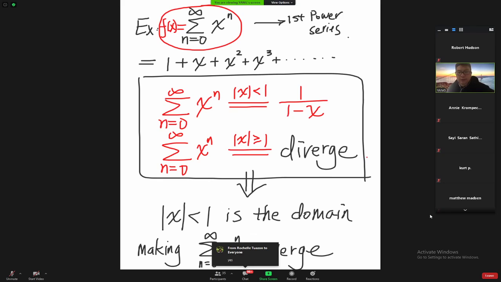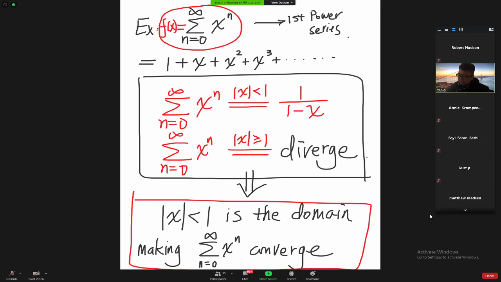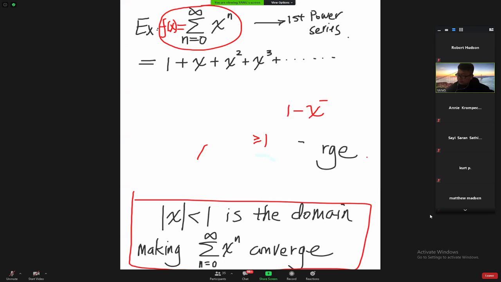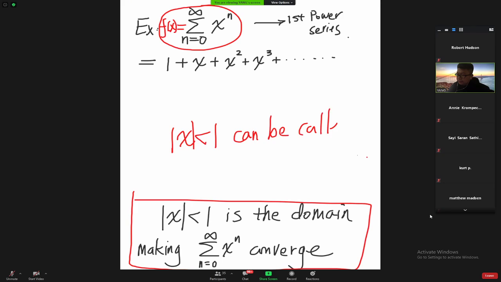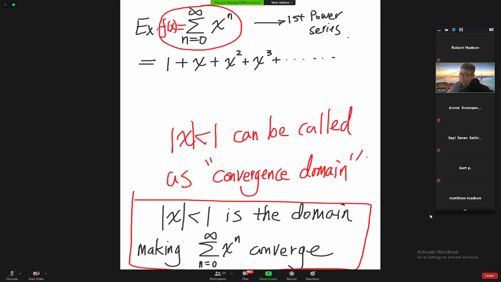In other words, that's the last sentence of this class: x less than 1 can be called the convergence domain. Do you agree? Very straightforward, right?